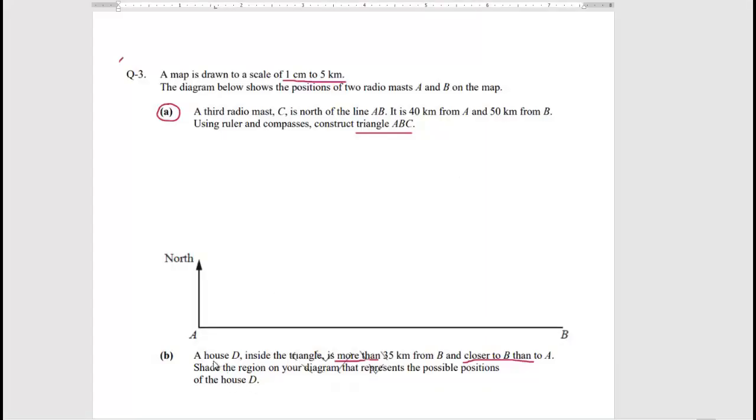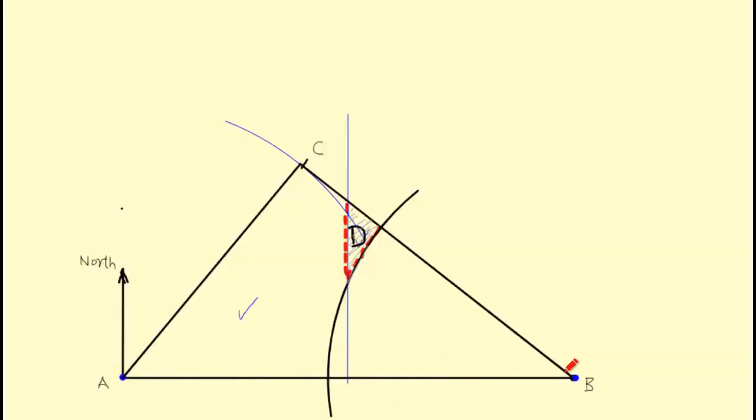Lastly, it is said that a house D inside the triangle is more than 35 km from B. More than 35 km means the house will not be on the circle curve. If it is on the circle curve, it will be exactly 35 km from B. So the house will not be on this curve, so we will draw this portion of the circle in broken lines.